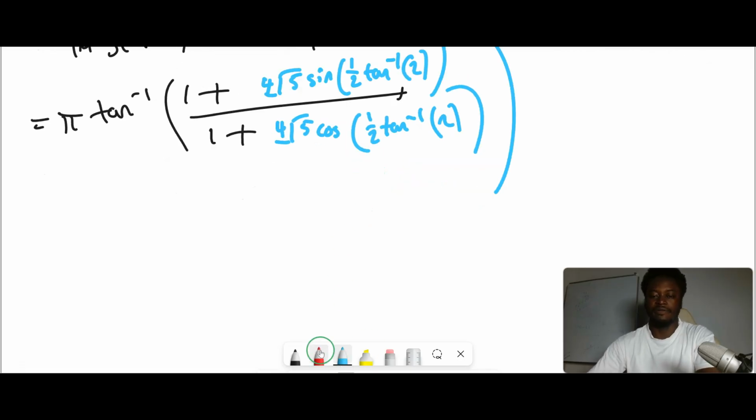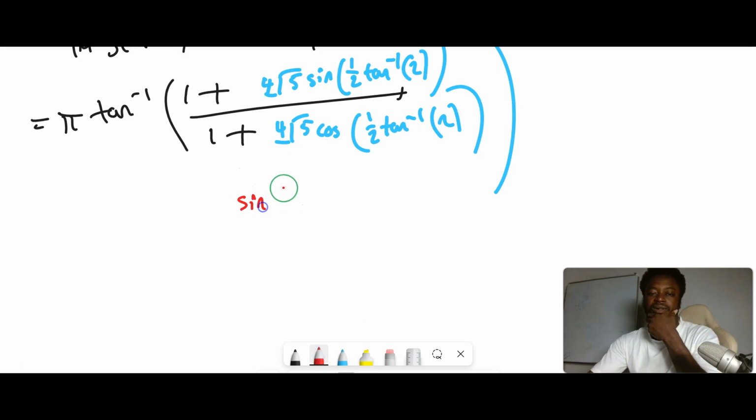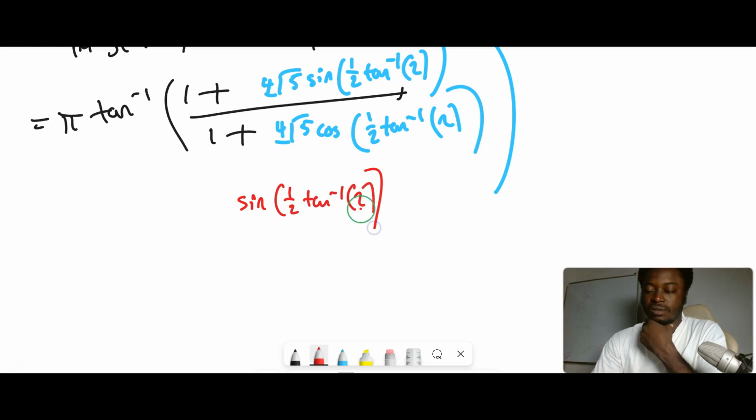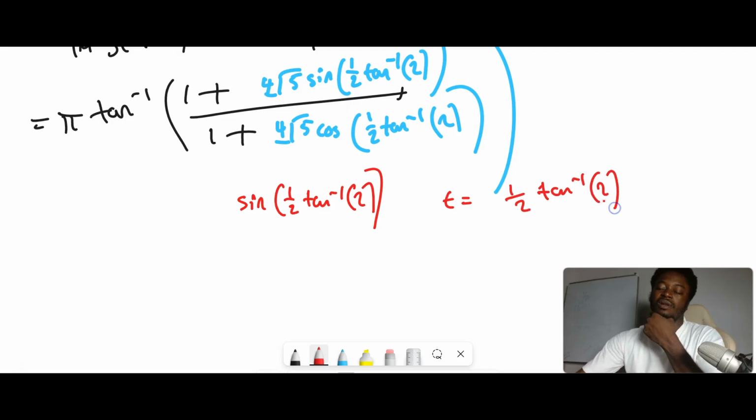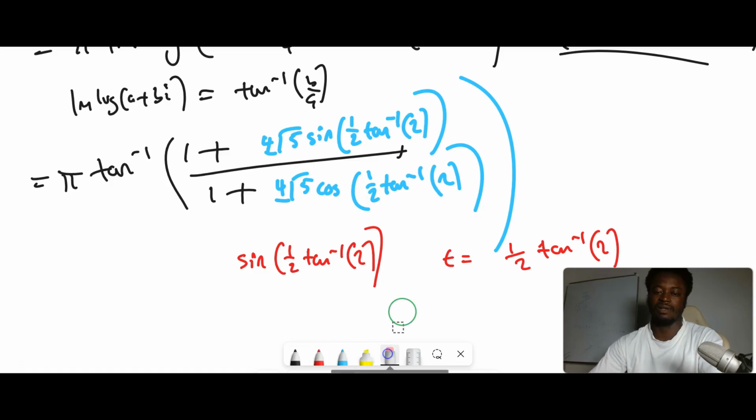Now let's simplify this inner term. How do we simplify the sine of 1 over 2 tan inverse of 2? Let me do this on the side rather, so that I will not disrupt the flow of the work.